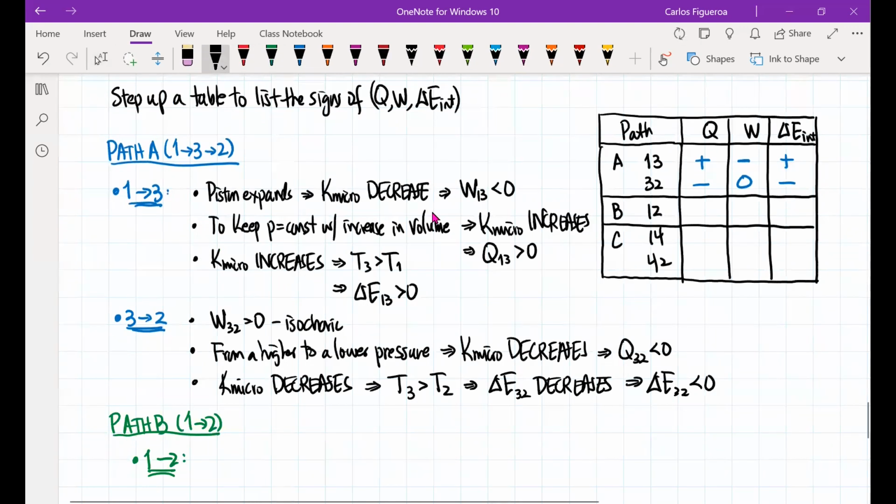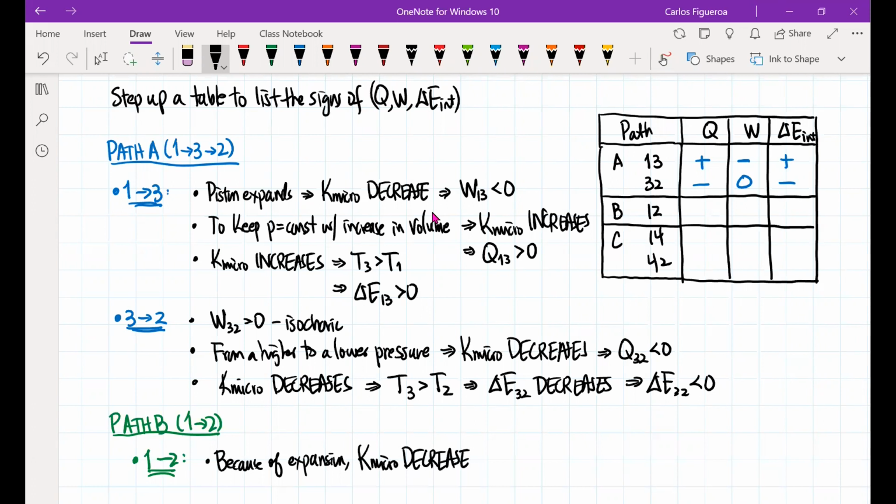So because of expansion, K micro decreases. And if it decreases, that tells you that the work between 1 and 2 is negative.